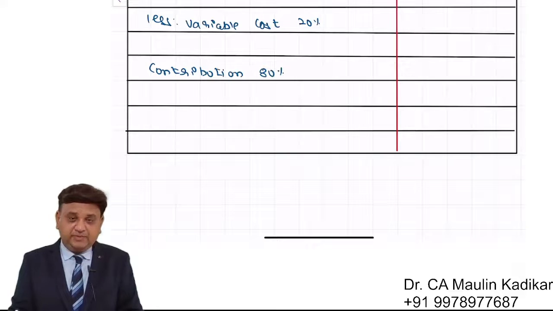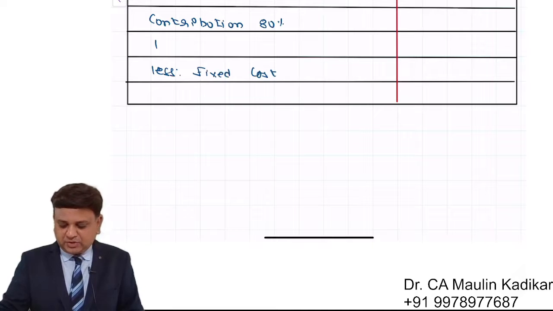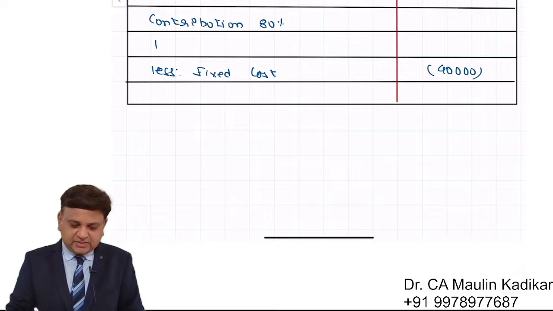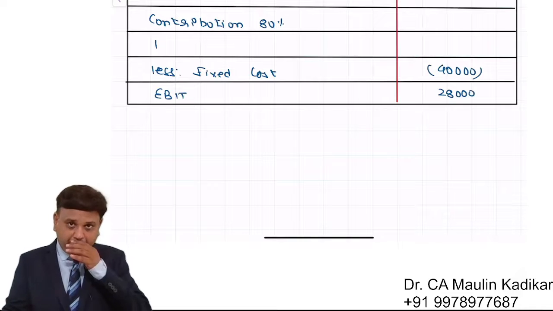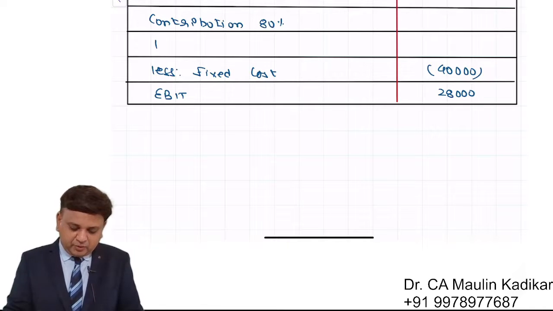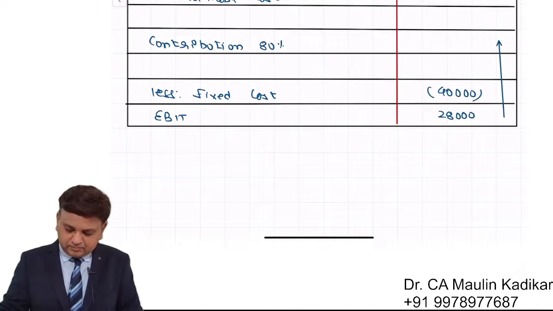So contribution is 80%, less fixed cost. Amount of the fixed cost is 40,000. That gives us EBIT. It is 28,000. We can compute the contribution as balancing figure. That is 68,000.